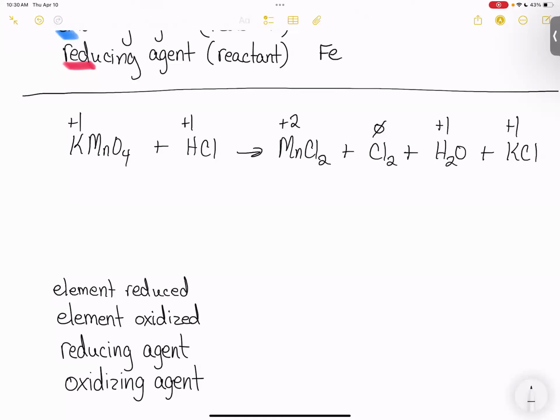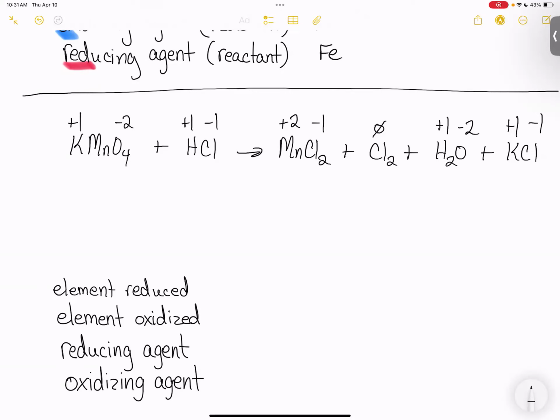The next rule says that oxygen's a -2. The next rule says that halogens are a -1. There are a couple of exceptions, but those exceptions don't apply here. So these halogens that I have not already pre-assigned are a -1. Everything else you've got to calculate.